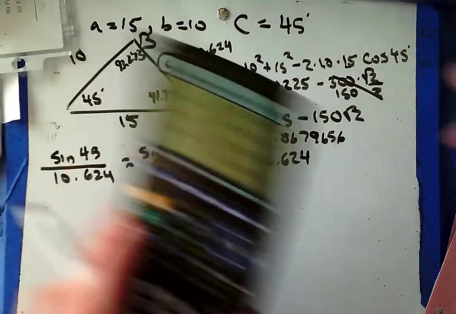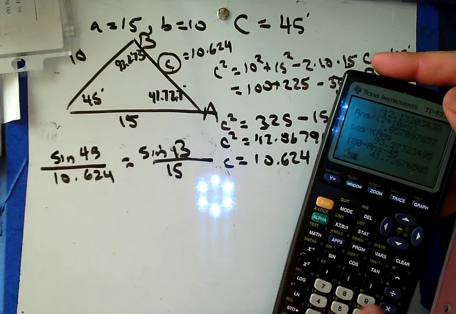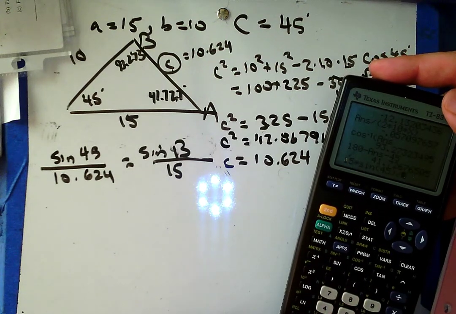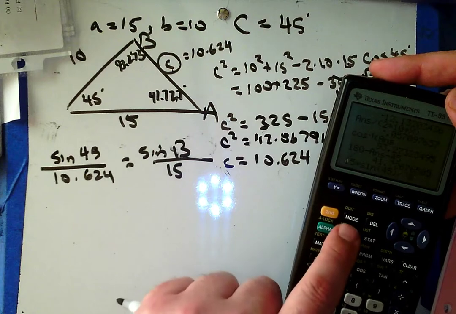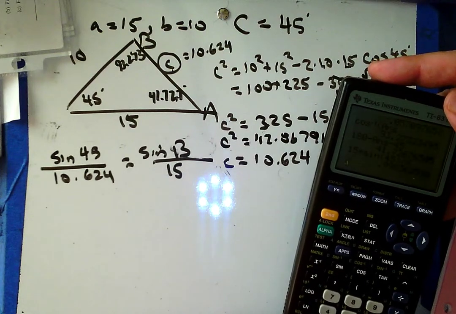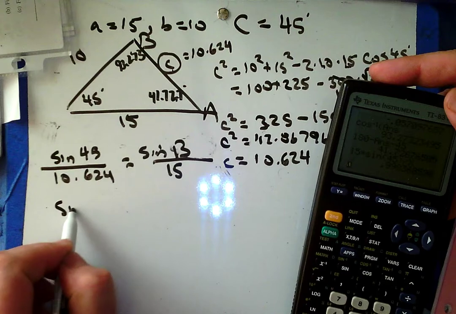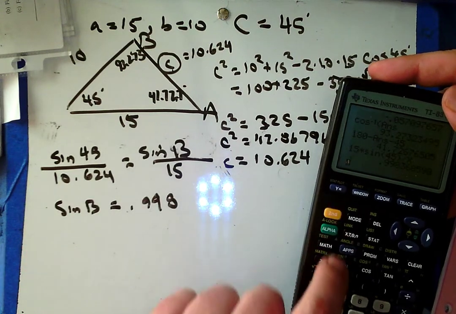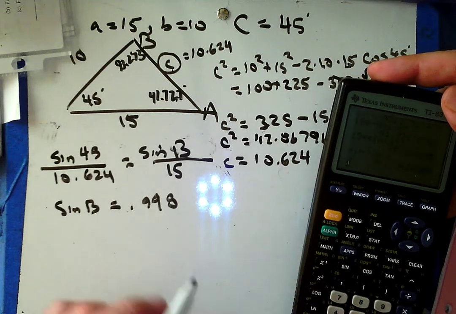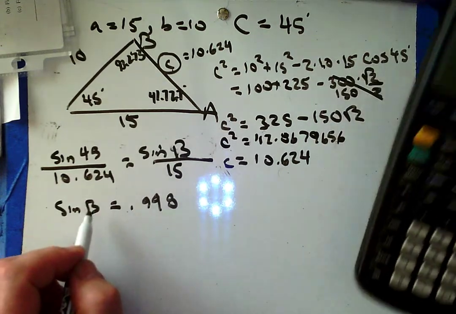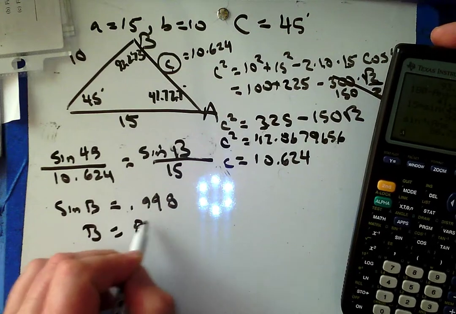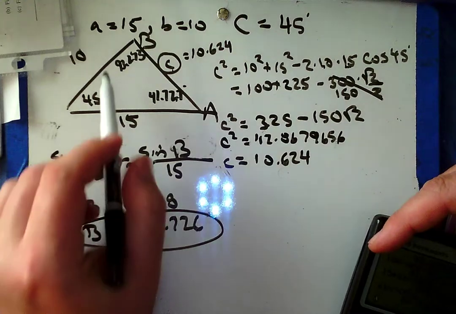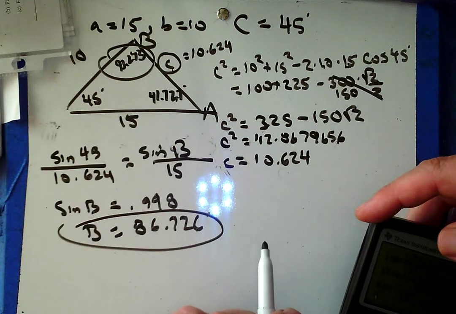Okay, so if I multiply both sides by 15, I've got 15 times the sine of 45, and then I want to divide that by our x value that we saved, and I end up with sine of b equals 0.998. If I do the inverse sine of both sides, I end up that b equals 86.726 degrees. Well, take a look. Is it? No, it isn't.